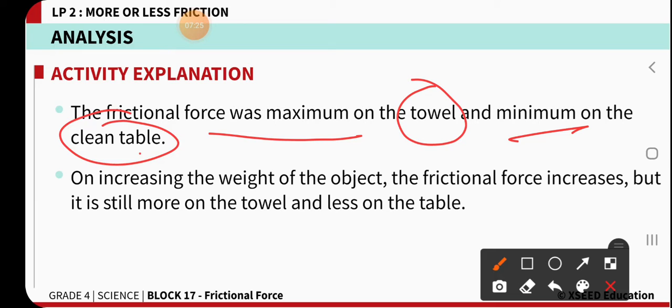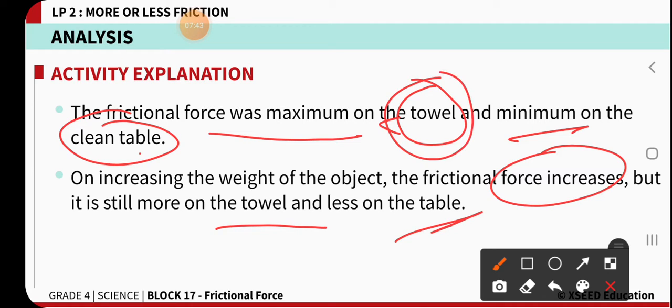On increasing the weight of the object, the frictional force increases, and if the weight of the object is less, then the frictional force is less. Even though the towel is not heavier than the table, in the towel case the frictional force is maximum because it's a totally rough surface.